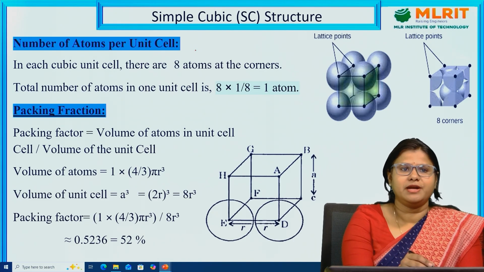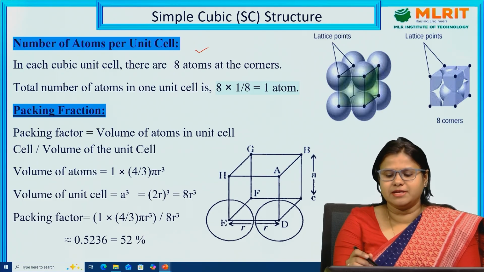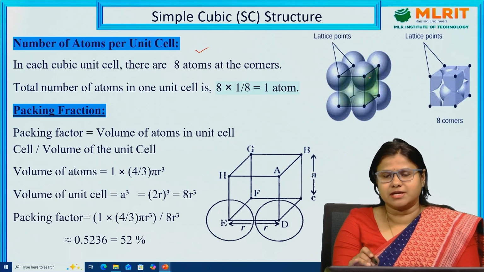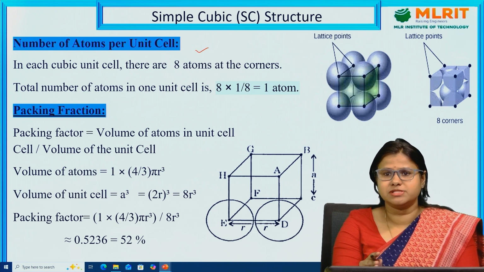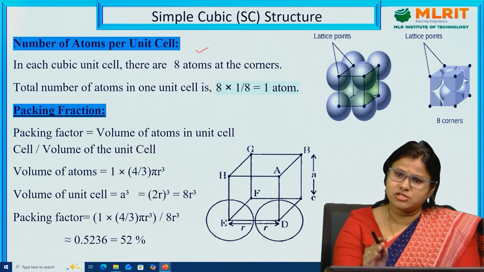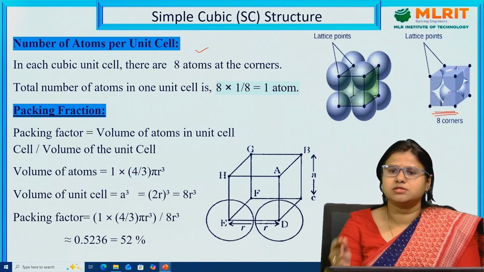Then let's find out the number of atoms per unit cell. In a simple cubic crystal system, we have atoms at each corner of the unit cell. Let's see how much portion of each atom is actually present inside the unit cell. This figure shows the cross-sectional view.